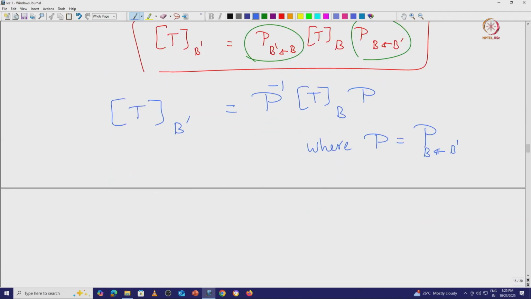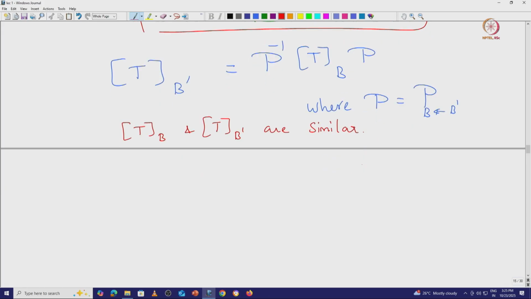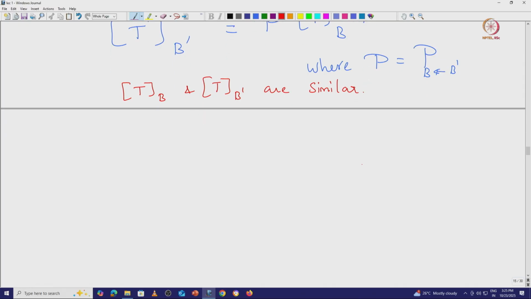So, that implies that these two are similar. So, the matrices T_B and T_B dash, they are similar. Okay, this is something very important. It will be used in the course a lot.